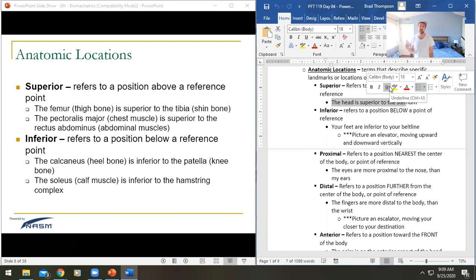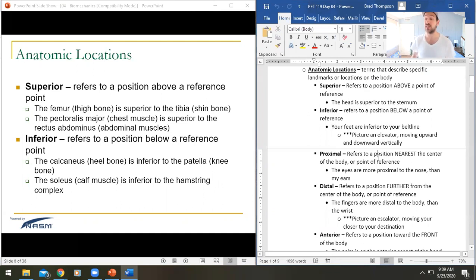It's also considered superior in general because it is above the midline of the body. Your midline is going to be right here. Because it's above this midline, everything from here up is considered superior and everything from here down is considered inferior, if you don't give another point of reference.